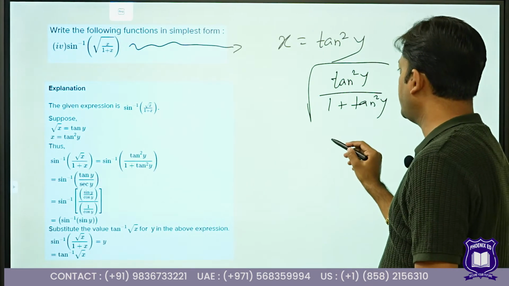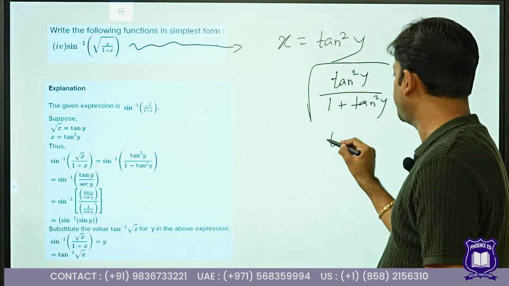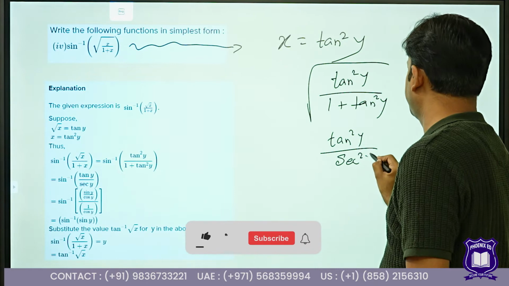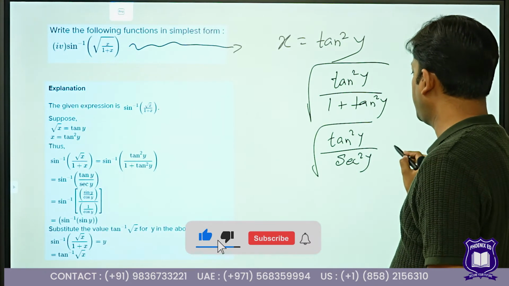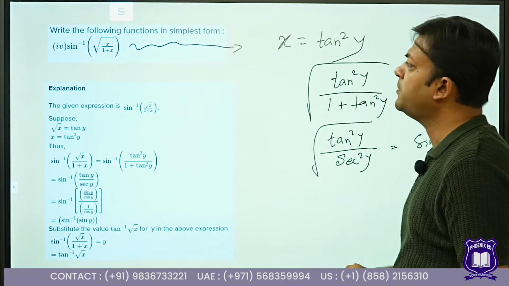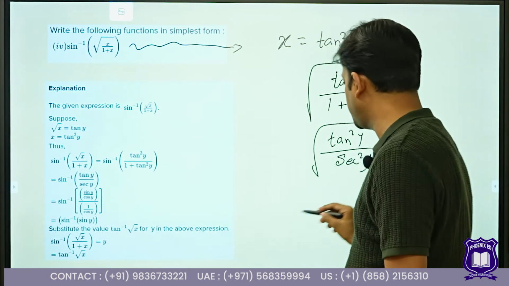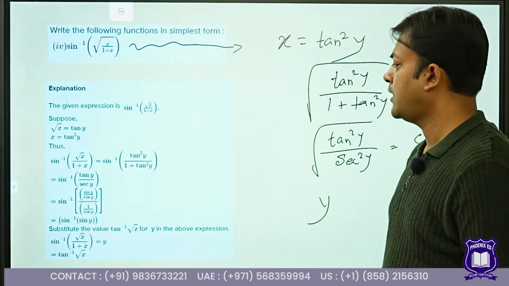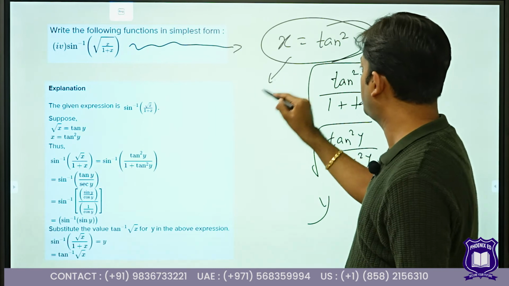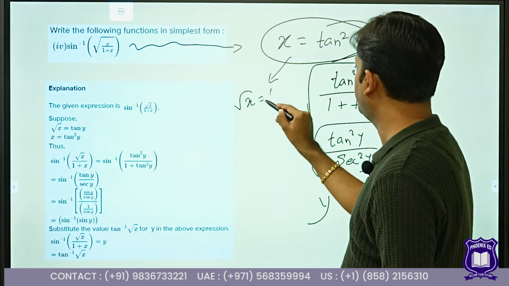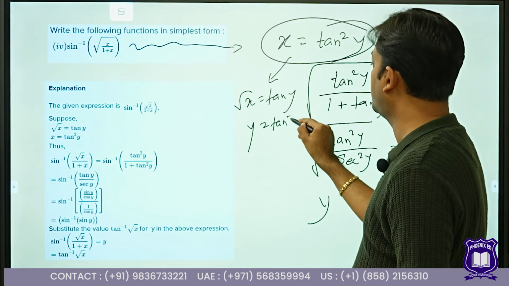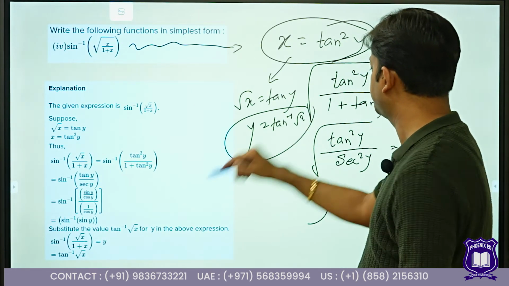This is equal to tan square y over sec square y, and that is equal to sine y. So my question becomes sine inverse of sine y, which is purely y. Now, if you remember this substitution, this leads to root x equal to tan y, and hence y is equal to tan inverse of root x. That's my answer.